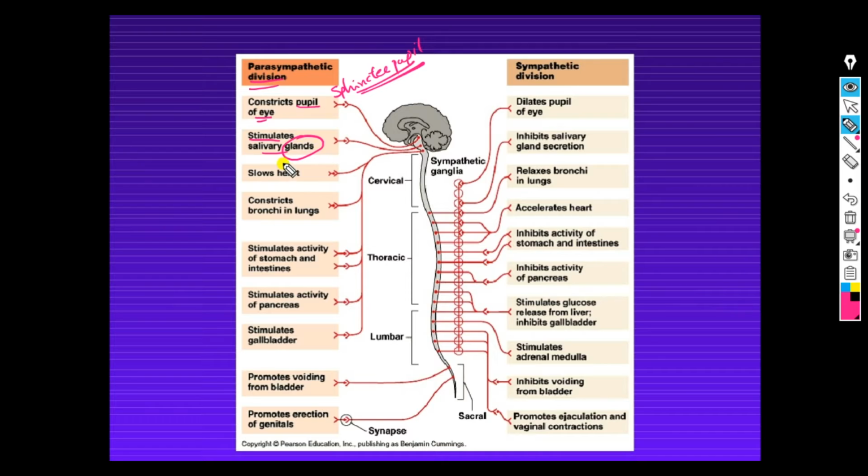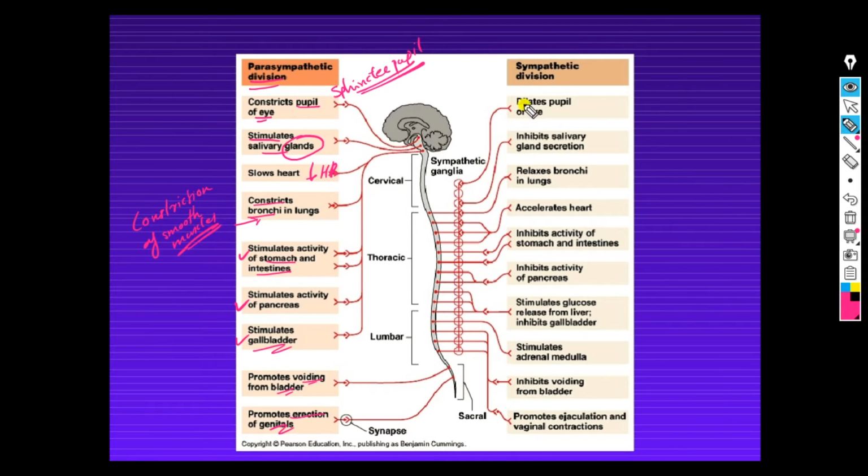It slows the heart rate, causes constriction of smooth muscles in the bronchi and trachea, stimulates activity of the stomach and the intestines, stimulates pancreatic activity, stimulates the gallbladder, promotes voiding from the bladder, and promotes the erection of genitals.